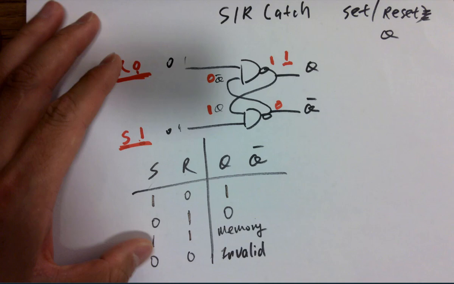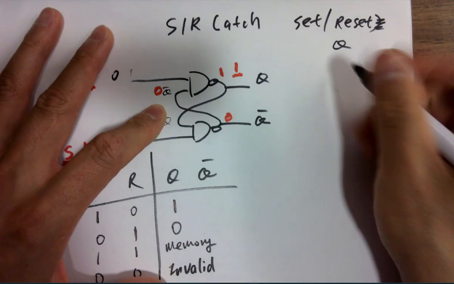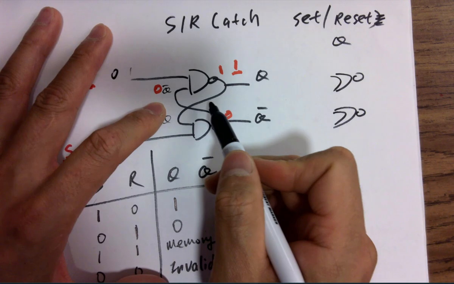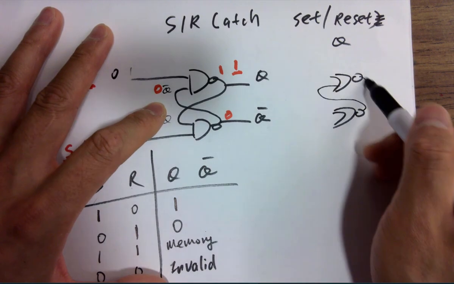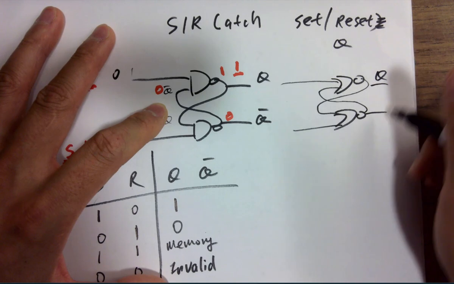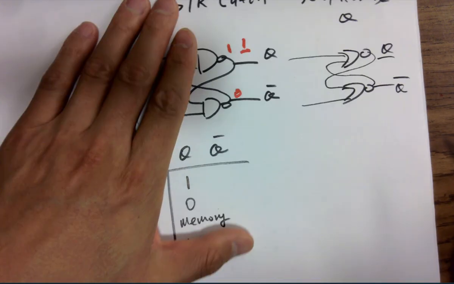So what about the NOR gate? You'll see a NOR gate. Keep in mind, I'm not telling you this is the only way to do an SR latch. So study this over the weekend.